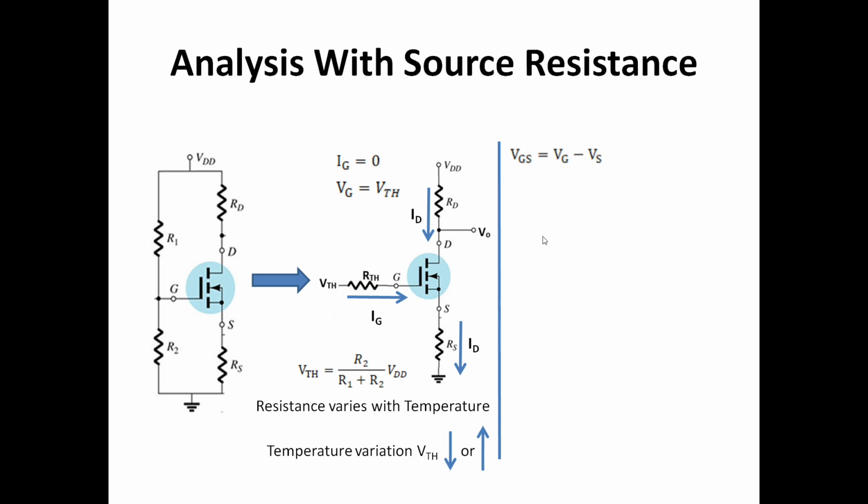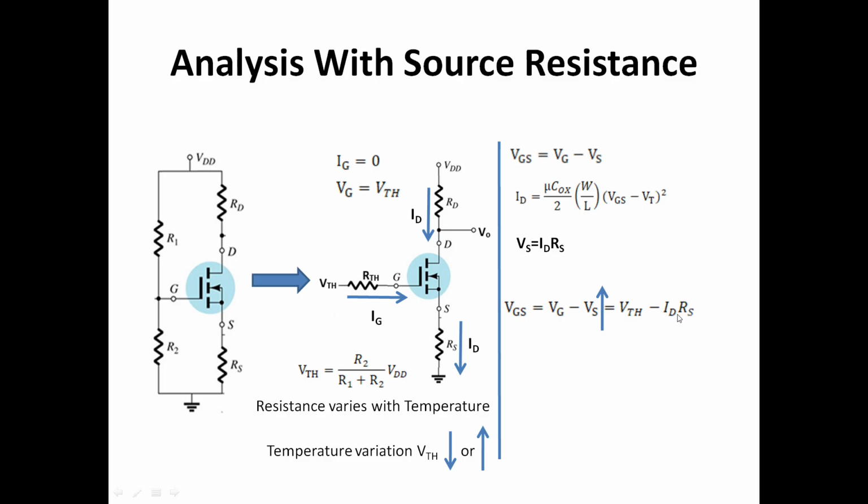Vgs equals to Vg minus Vs. Id is also dependent on Vgs, and in this circuit you can see that there is an Rs which is connected to the source terminal. So Vs is the potential drop across this Rs. So Vs equals to Id into Rs. Now Vgs equals to Vg minus Vs. So Vgs equals to Vth minus Id Rs.